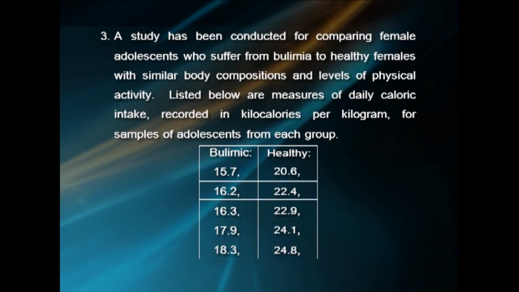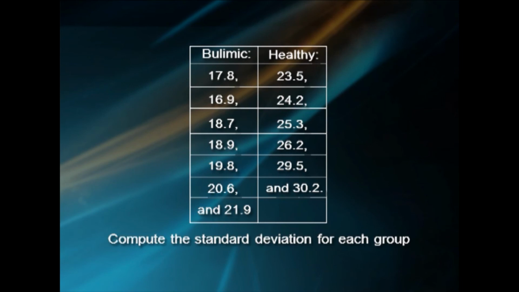Bulimic 15.7, 16.2, 16.3, 17.9, 18.3, 17.8, 16.9, 18.7, 18.9, 19.8, 20.6 and 21.9. Healthy 20.6, 22.4, 22.9, 24.1, 24.8, 23.5, 24.2, 25.3, 26.2, 29.5 and 30.2.